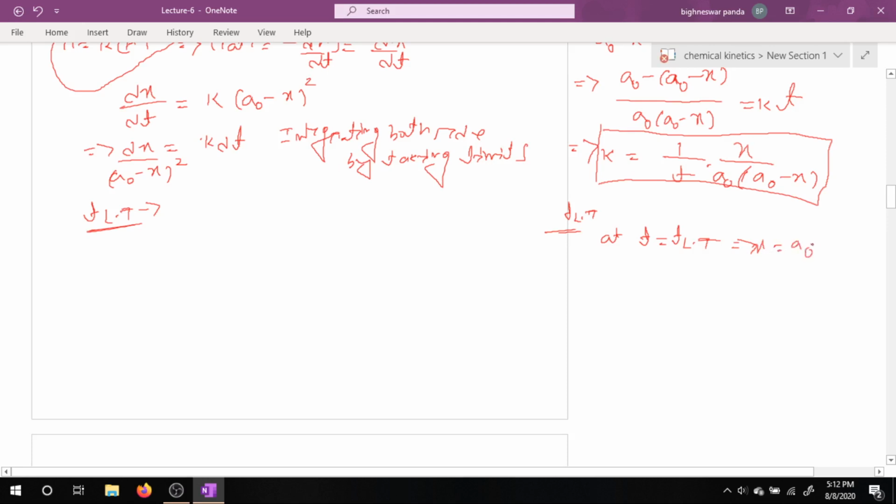If we put x is equal to a naught in this equation, I get k is equal to 1 by t into x by a naught into a naught minus x, so t life time tends to infinite.